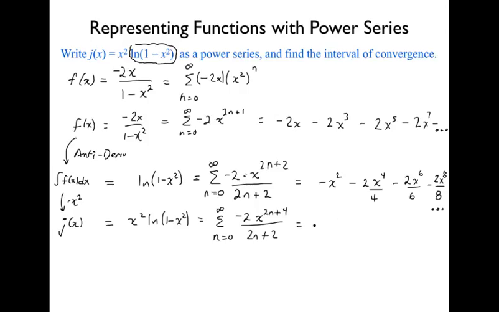Every term is just simply multiplied by x squared. So minus x to the 4th, minus 2x to the 6th over 4, minus 2x to the 8th over 6, minus 2x to the 10th over 8, dot dot dot.